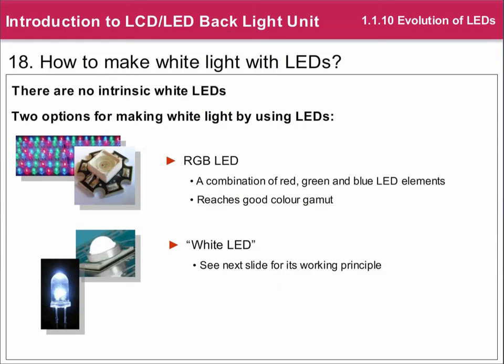The RGB LED allows a white color gamut exceeding the NTSC standard. Practical figures are 105 to 125% of NTSC. The other way of generating white light is using only one blue or ultraviolet LED chip with some extra to it. We will take a look at the working in the next slide.